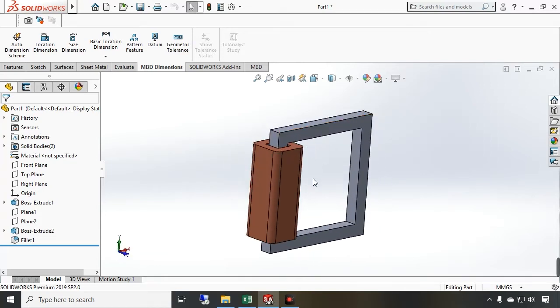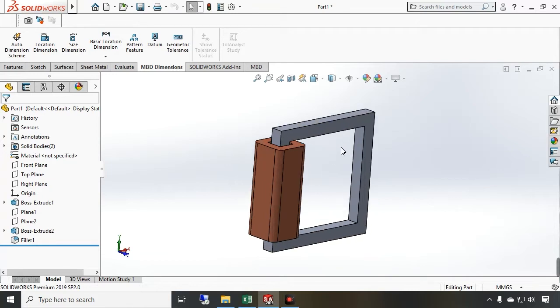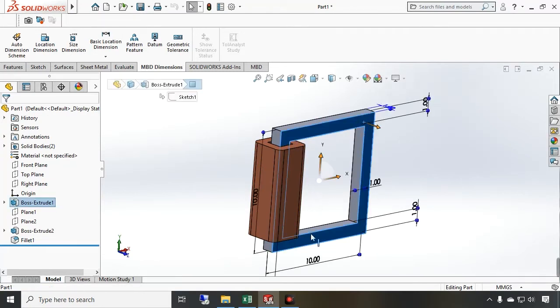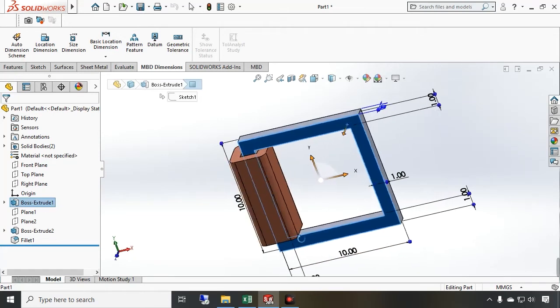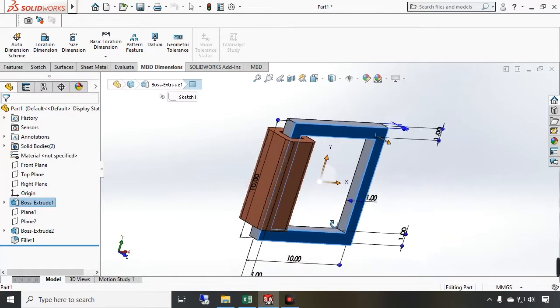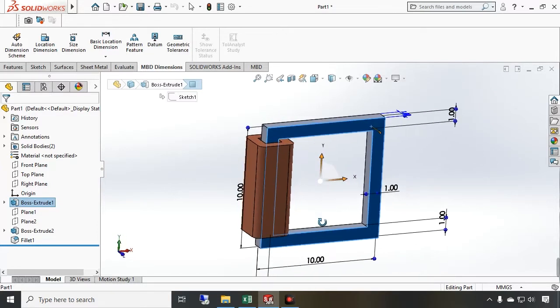I am going to calculate the magnetic field that is generated by this coil inside this iron yoke. As you can see here, we don't have any air gap in this iron yoke.